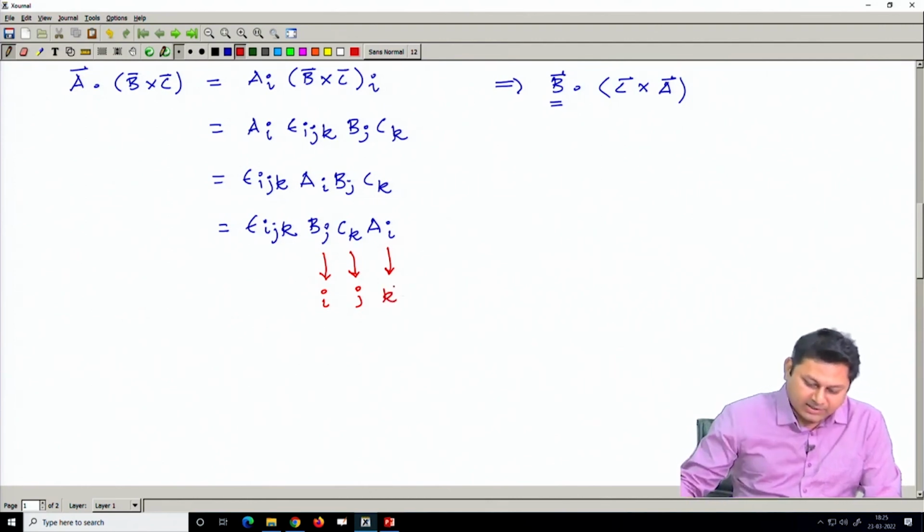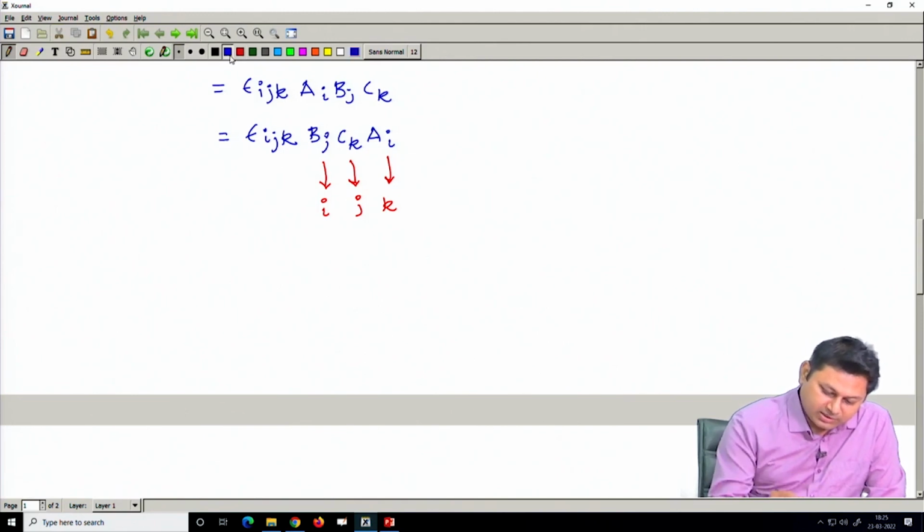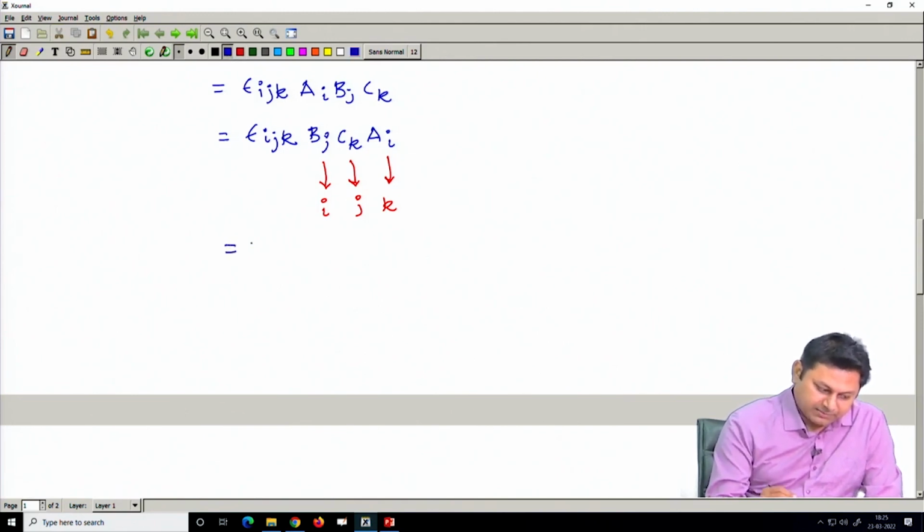By doing that, I just change the name of the symbol, and I need to change this also in the epsilon. In the epsilon, now i becomes k, j becomes i, and k becomes j.